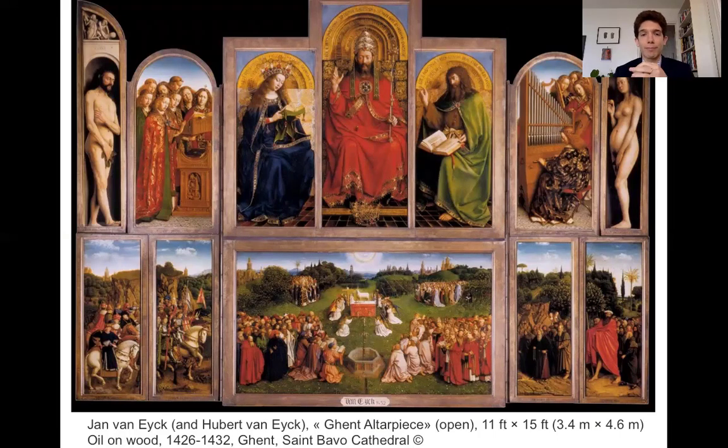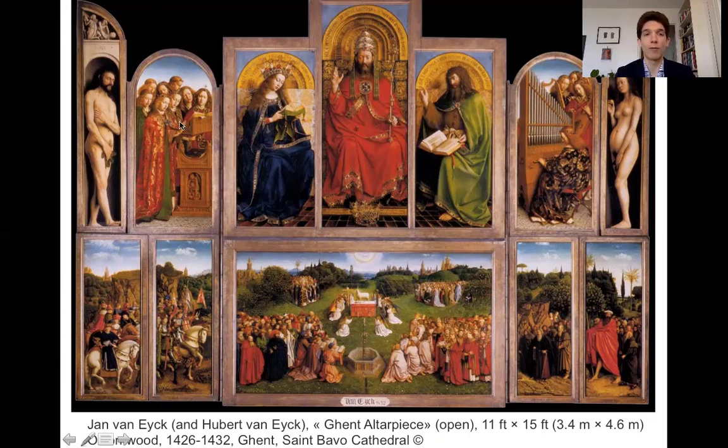So this, of course, is an artwork that could be described in detail, and it would require a good amount of time. But here, what I want to stress is that at the center we have God the Father, and on his right, the Virgin Mary, and on the left, St. John the Baptist.